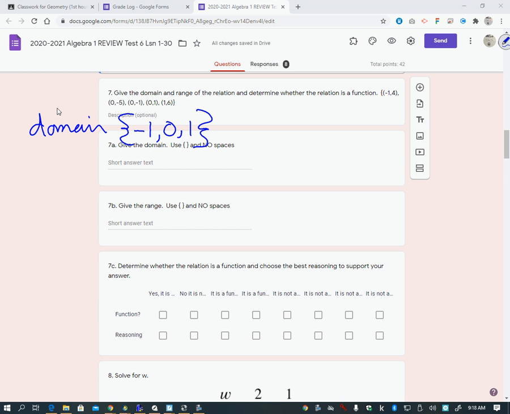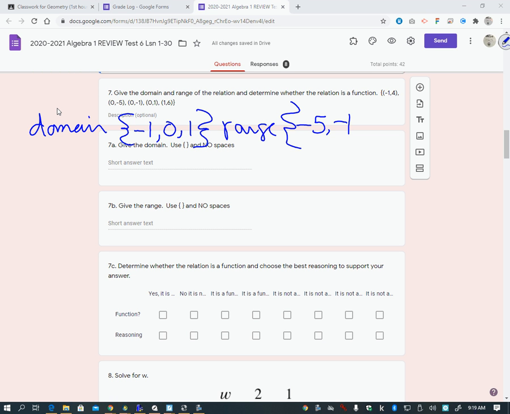We also need the range. What's the range? -5. But what is range specifically? The y values. So -5. What else? -1.